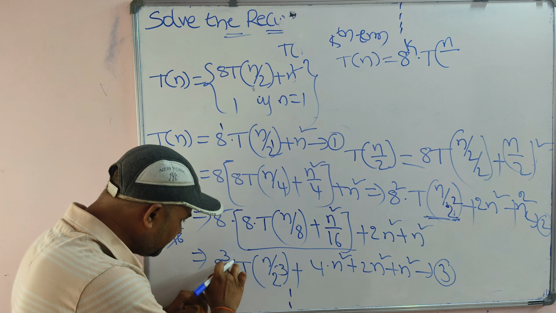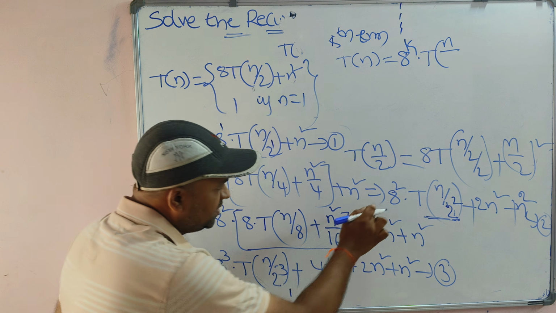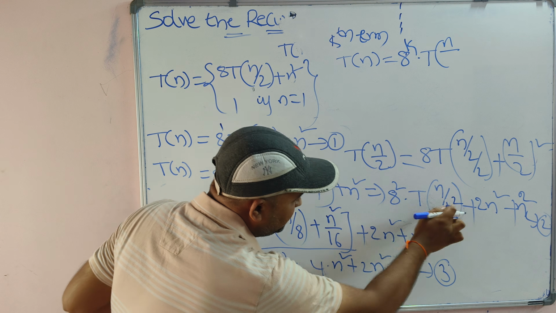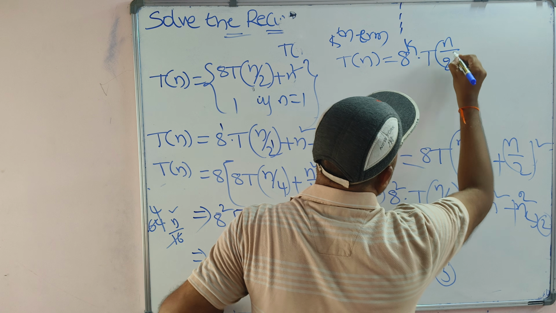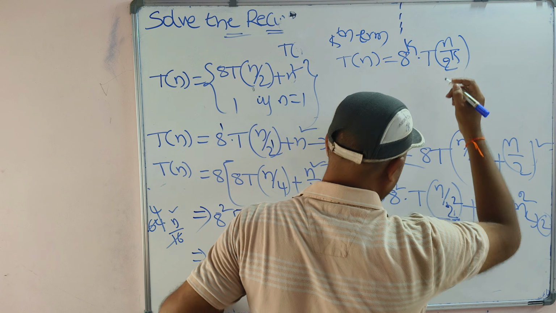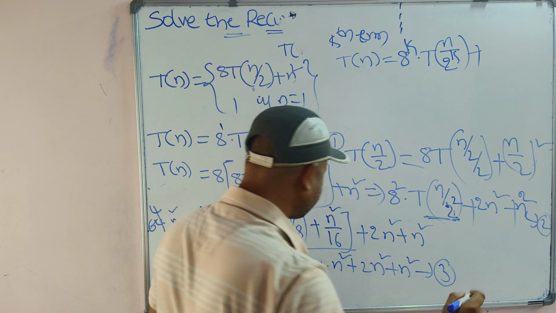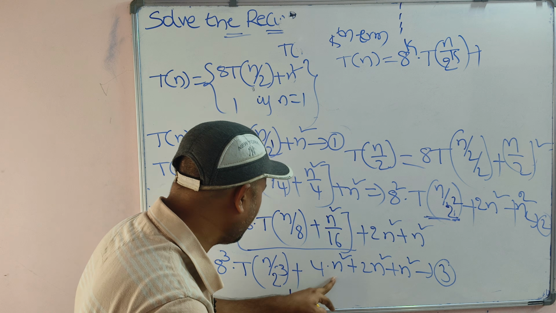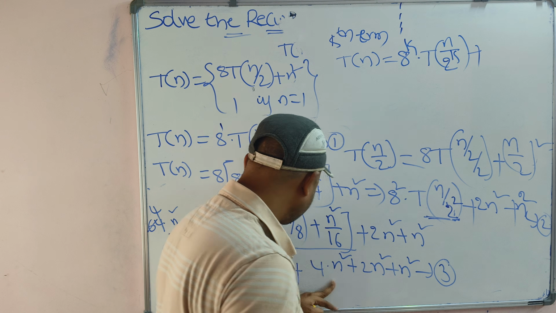Here we are assuming this as k, so 2 power 3 is also k. Here we are assuming this as k, so this is also k. So T of n by 2 power k, plus, here additionally we have 4n square plus 2n square plus n square.